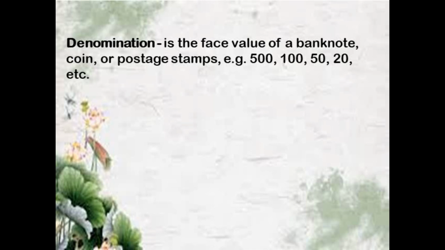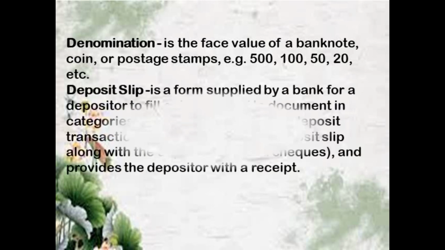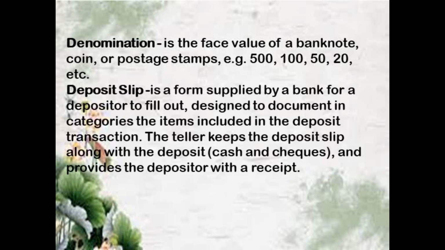Example, 500, 100, 50, 20, etc. A deposit slip is a form supplied by a bank for a depositor to fill out, designed to document in categories the items included in the deposit transaction. The teller keeps the deposit slip along with the deposit, cash and checks, and provides the depositor with a receipt.